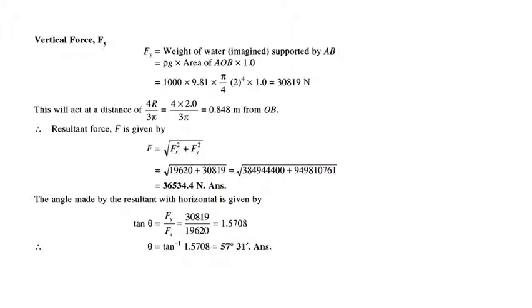Now for Fy, this is the weight of the liquid imagined to be supported by gate AB. So rho G, which is 1000 into 9.81 into area of that quadrant, pi by 4 into r square into 1. The perpendicular is 1.